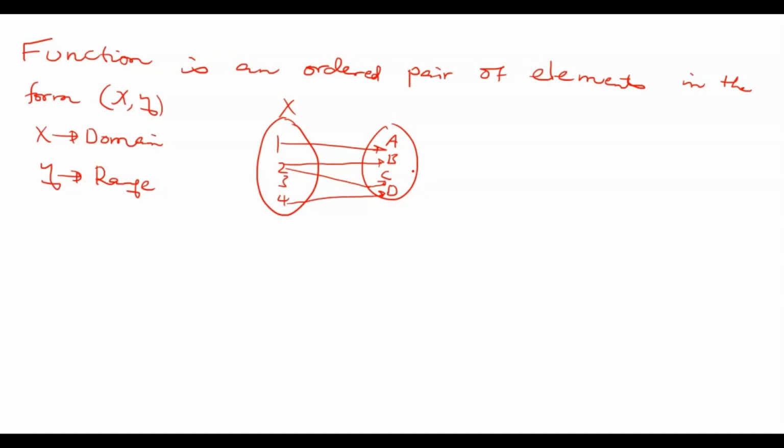Now we can also use the vertical line test to find out whether it's a function or not. You run a vertical line, and if that line touches the graph more than once, it's not a function.